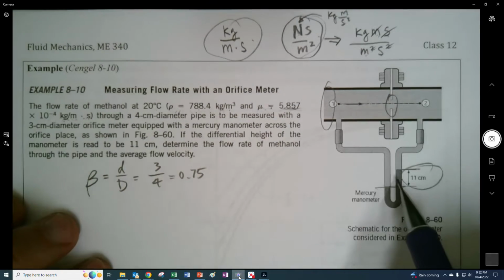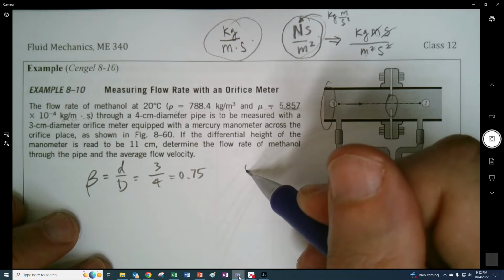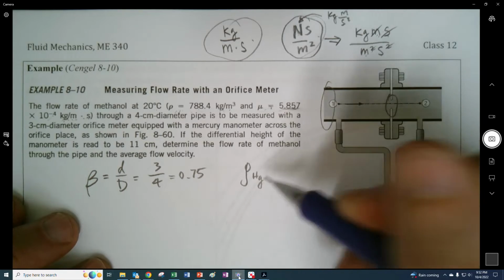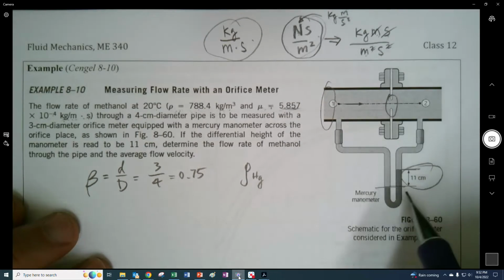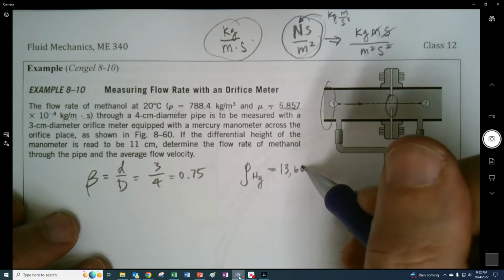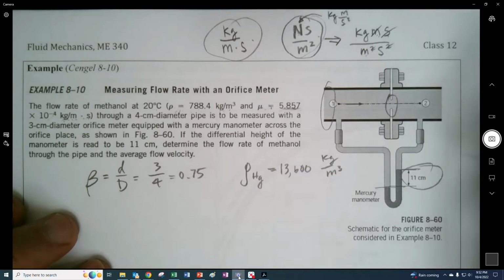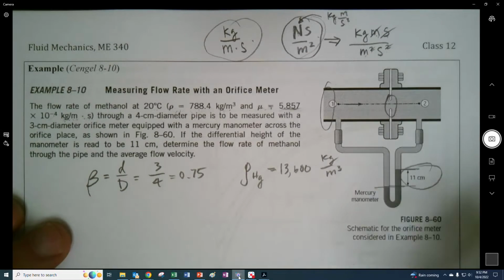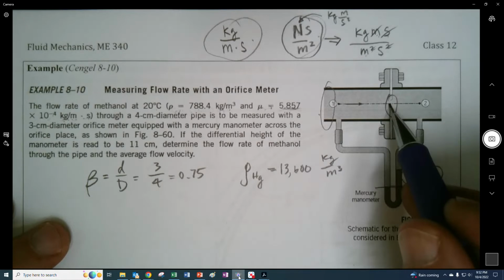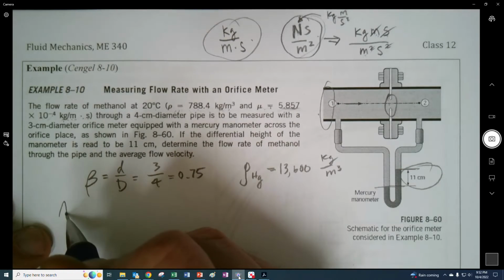We're going to need to use a manometer here. I want the density of mercury, so I looked that up as 13,600 kilograms per cubic meter. I also wanted the areas of these two sections, at least one of them later on.